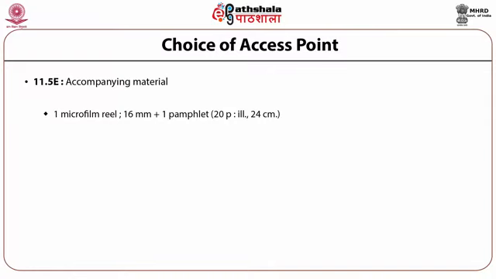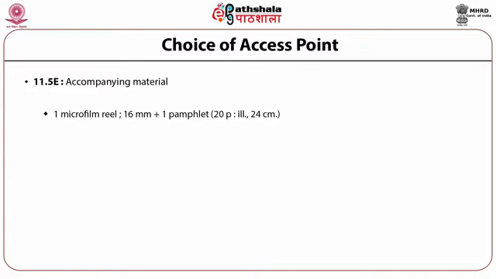So, one pamphlet within brackets; write, if there are pages, how many pages; if there is illustration, write it; if size is there, the size; then close the bracket. So for accompanying material, throughout your cataloging of non-book materials, everything from chapter 3 to 11, always first give the plus sign, then write those materials.